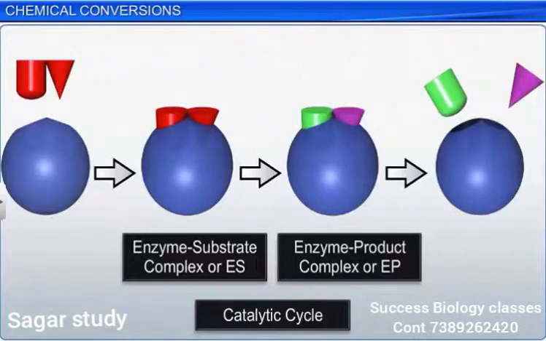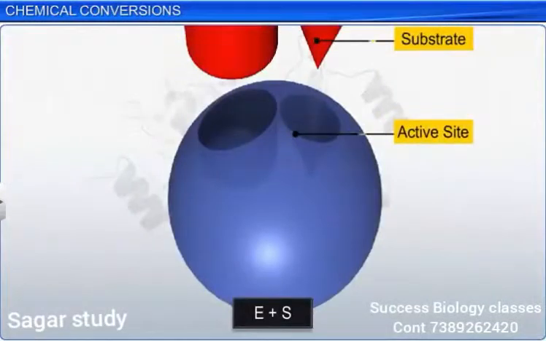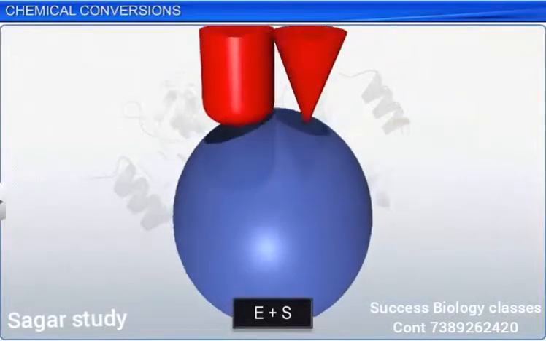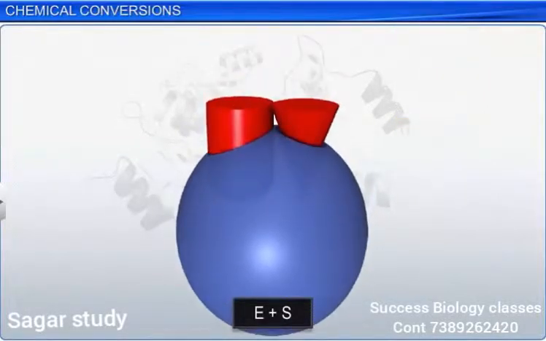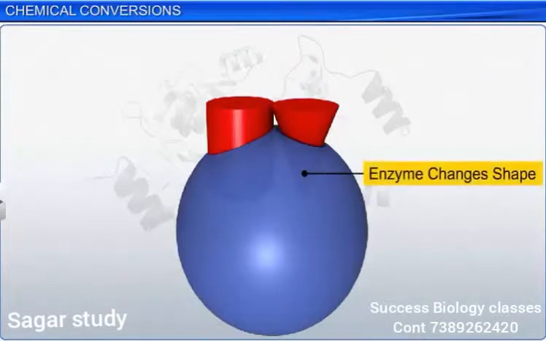We shall now study the steps in this cycle. First, the substrate S binds to the active site of the enzyme and fits itself inside a given cleft or pocket. In the second step, the binding of the substrate forces the enzyme to change its shape and fit more tightly around the substrate.